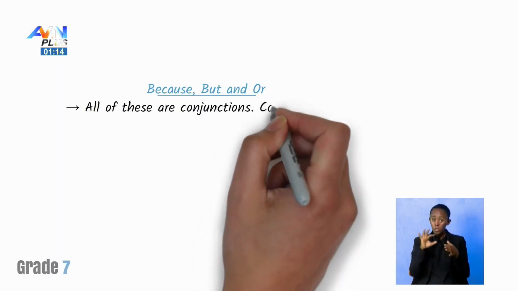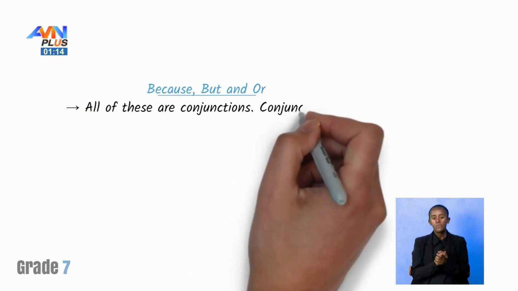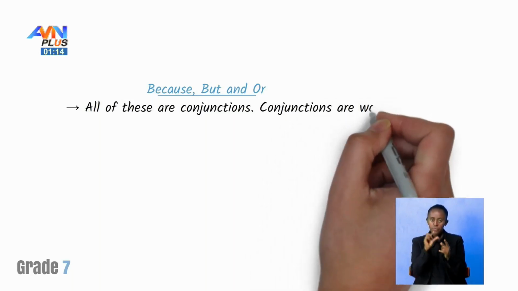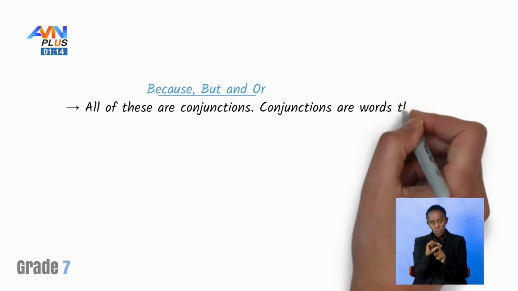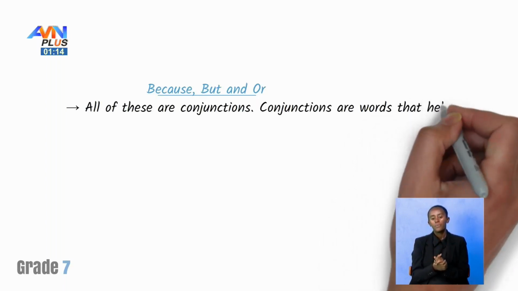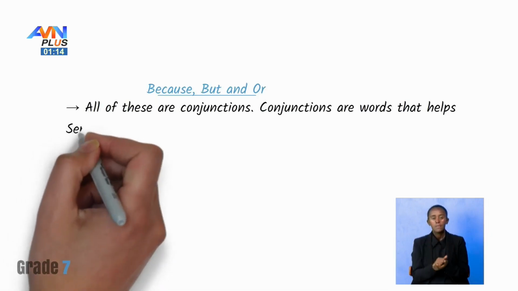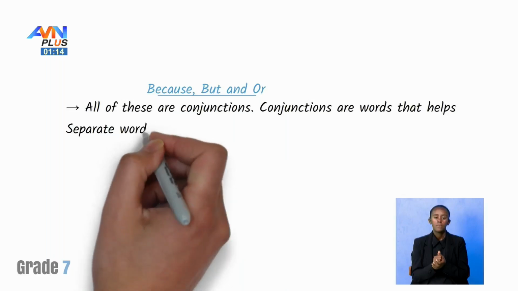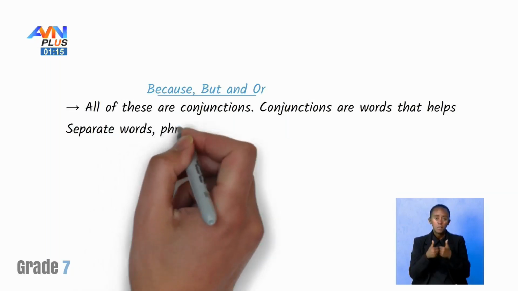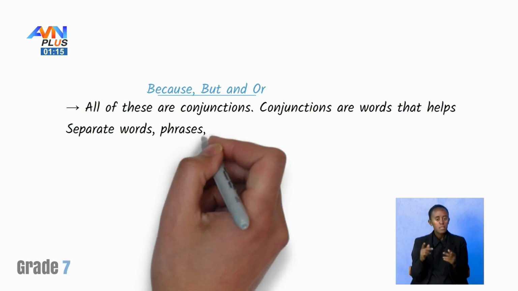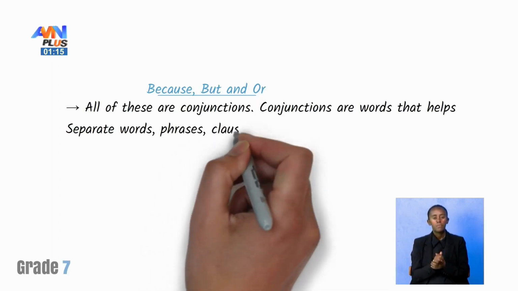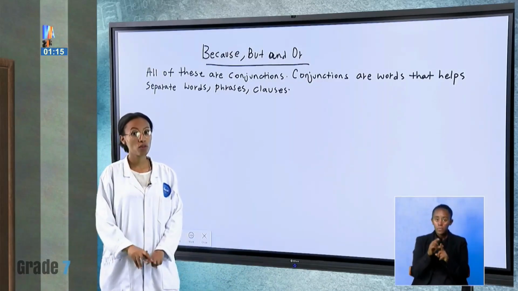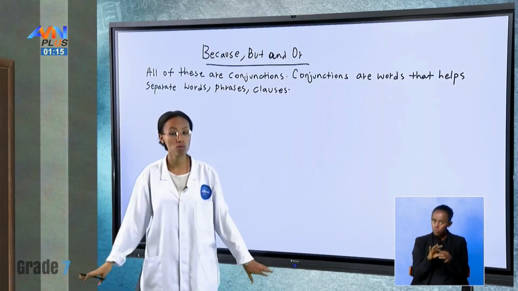Conjunctions are words that show or that help separate words, phrases, clauses, and the like. And we also classify conjunctions into 2 forms.